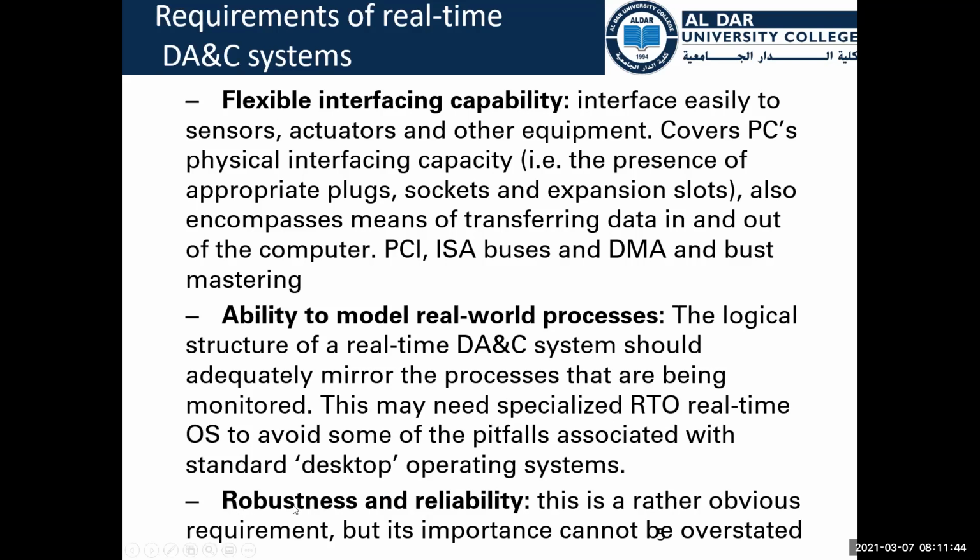Robust means the integrity is very high, and reliability means the system is available, for example, 24/7. So these are the requirements for any data acquisition and control system to be a real-time system.